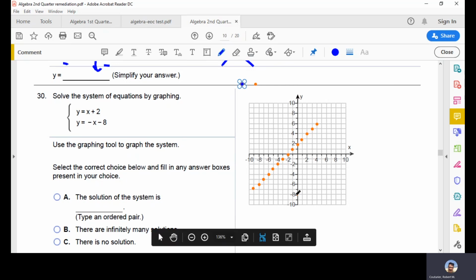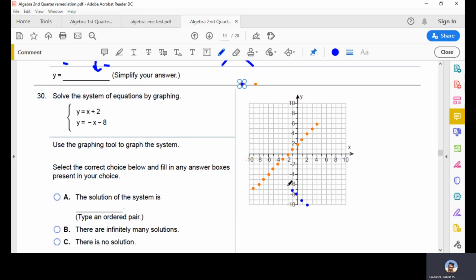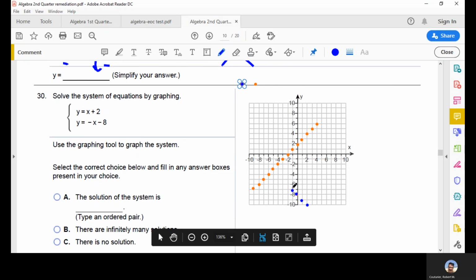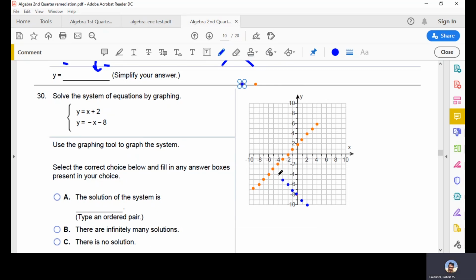Okay, back down, -8. And there's our intercept. And our slope here is -1, so it's going to go down 1 to the right 1. Down 1 to the right 1, which also goes in the reverse direction. And bang, right there is where we're going to end up having our intersection of this line.